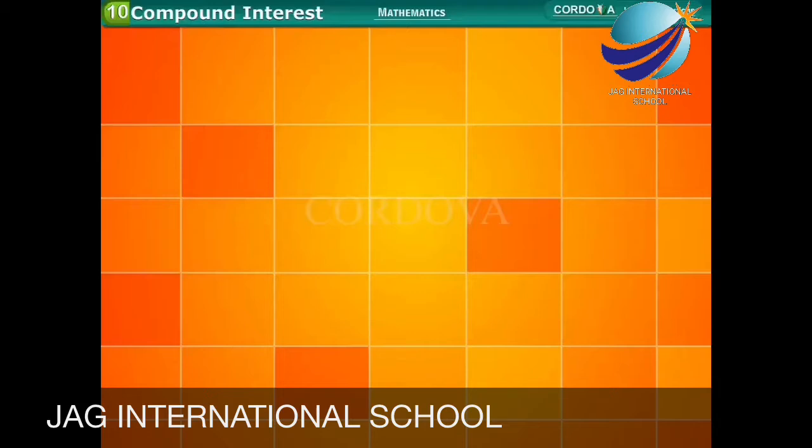To find compound interest when interest is compounded annually. Example: calculate the compound interest on Rs 8000 for 2 years at 5% per annum. Solution. Principal for first year is equal to Rs 8000. Rate of interest is equal to 5% per annum. Interest on first year is equal to Rs 8000 into 5 into 1 upon 100, which is equal to Rs 400.